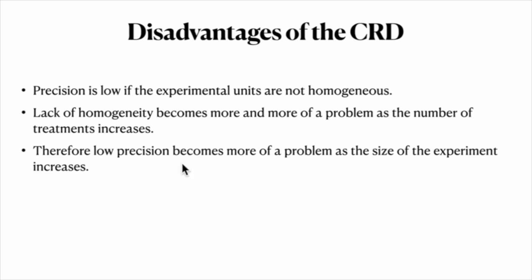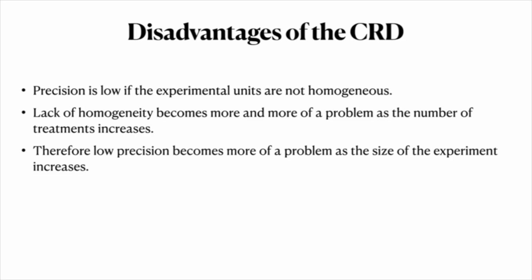Now, this becomes a problem. This lack of homogeneity becomes more and more of a problem as the experiment gets bigger and bigger, in particular as the number of treatments increases. And this can be a problem in, for example, factorial experiments where you've got a number of factors, each at multiple levels.